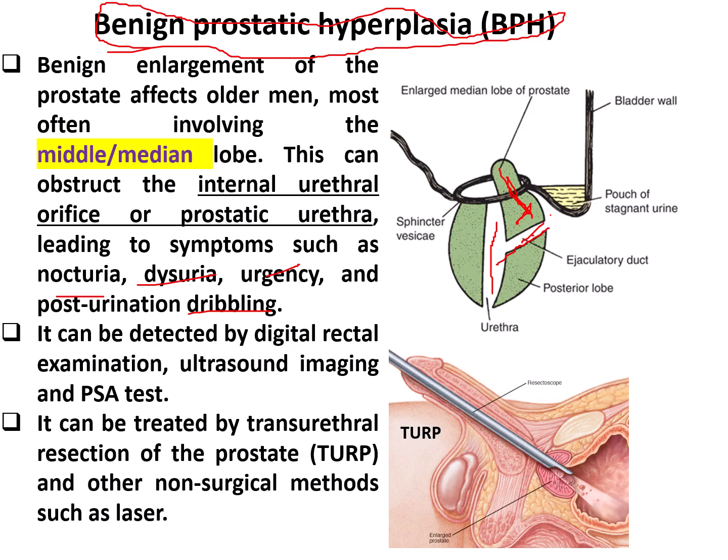So this median or middle lobe can enlarge and even ascend inside the bladder and partially obstruct the internal urethral meatus, and this results in the creation of pouches which are filled with stagnant urine.